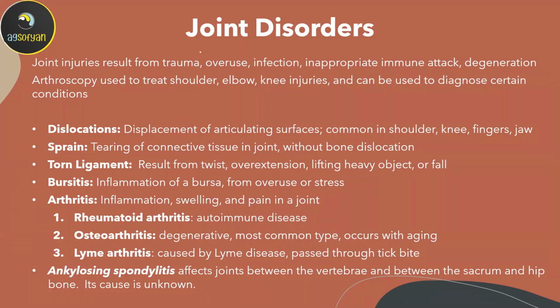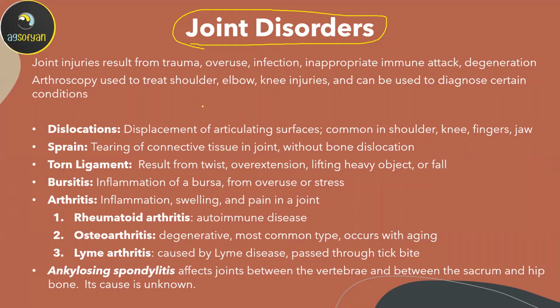Okay, now we go to the last one, which is joint disorders. This is the condition when the joints have a problem, maybe because of sport or because of older age, for example because of less production of synovial fluid.